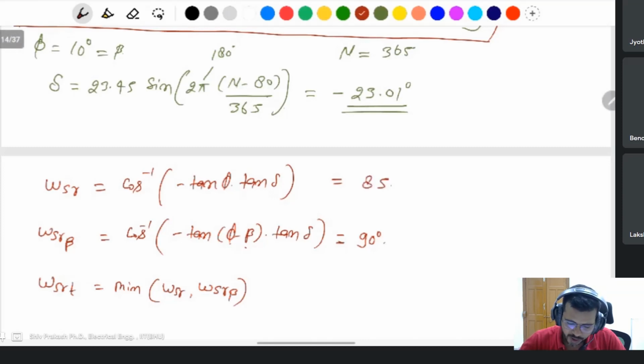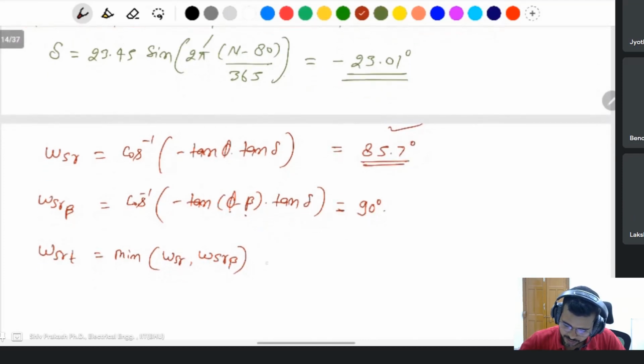This will be 85.7 degree. Take this as omega SRT also. Calculate in radian because it is required. It will be 1.495 in radian.